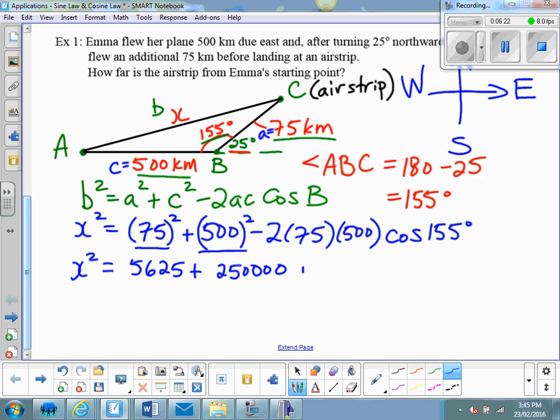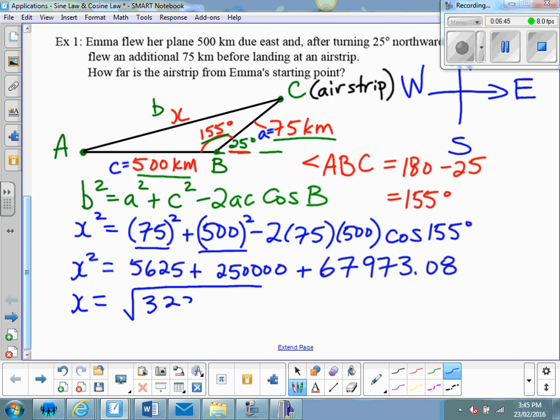And then when I do this calculation on the end, I'm going to end up with plus 67,973.08. I'm just rounding that to 2 decimal places there. And then my last step, I calculate that total, and then I take the square root of that.